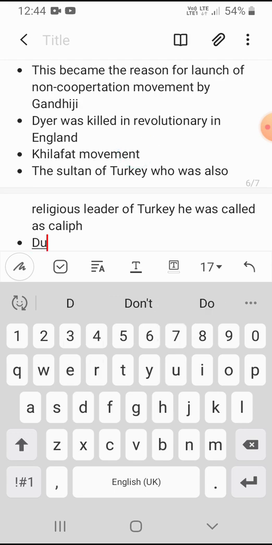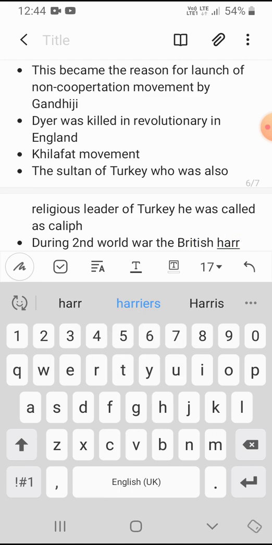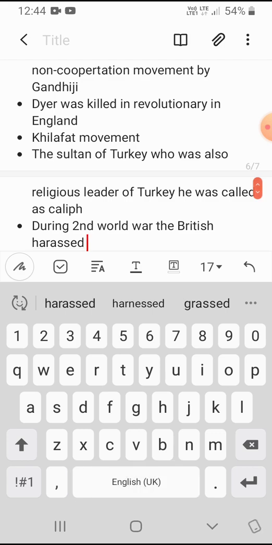During the Second World War, the British harassed the Caliph.